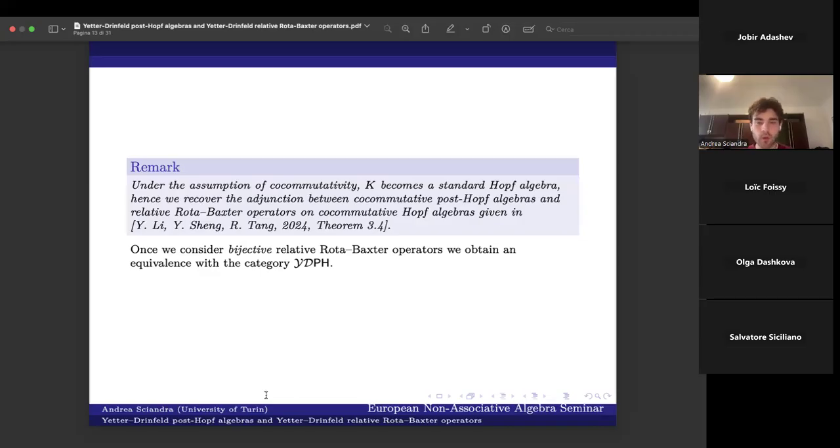Okay, in the following, we want to define a different category, which is isomorphic to this one of Drinfeld post-Hopf algebras, and go in the direction of solutions of the quantum Yang-Baxter equation.